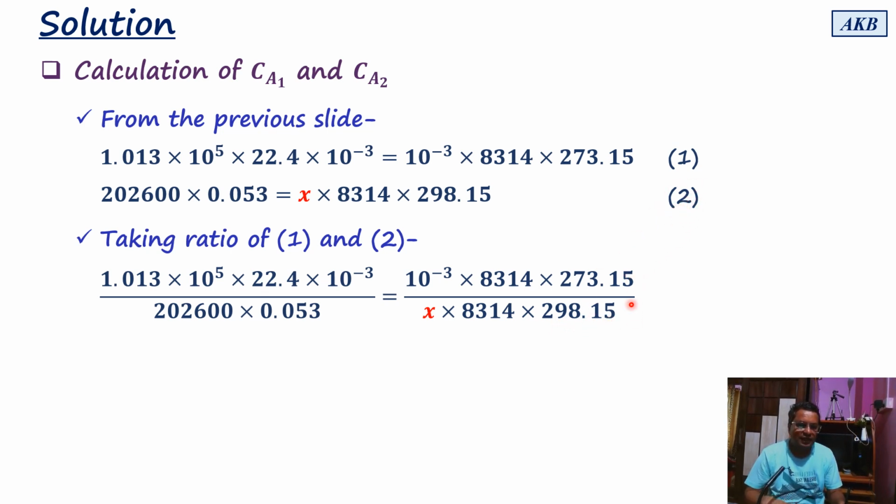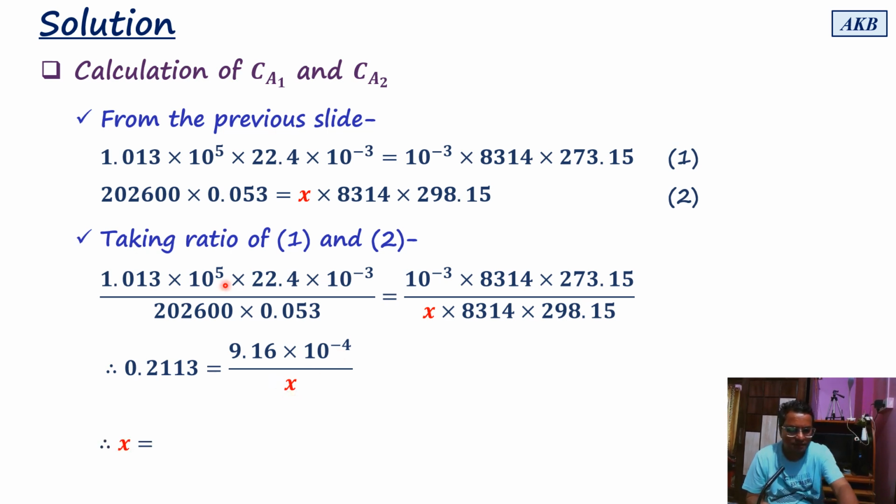Okay, now our task is to get x. Simple task. So if you simplify, you'll get this. So all this will be 0.2113, that is equal to, and all this will be 9.16 into 10 to the power minus 4 divided by x.